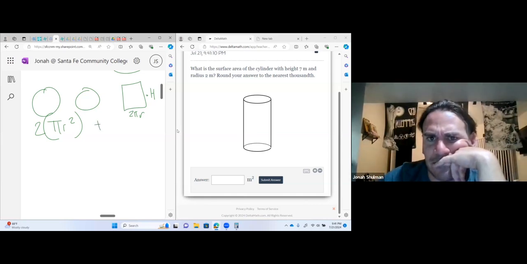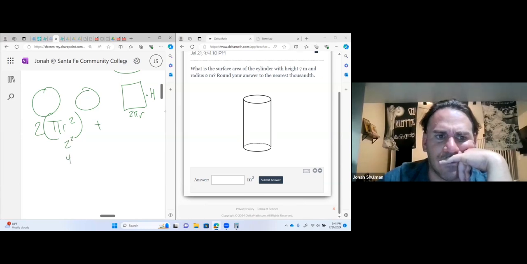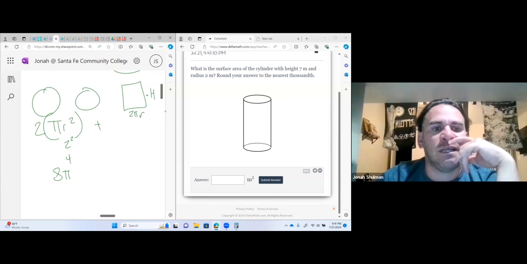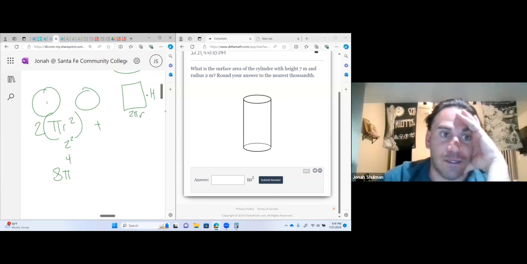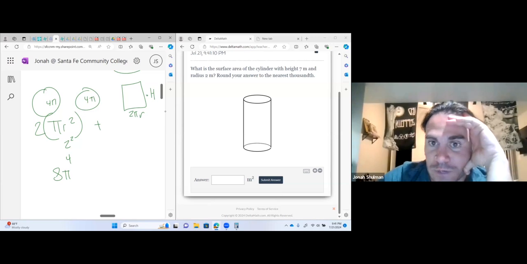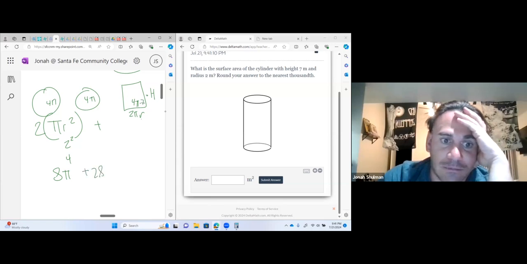The radius is 2. So 2 squared is 4. 4 times 2 is 8. We have 8 pi's for these two guys, 4 pi each. Then we have 2 pi r, so this is 4 pi times the height, which is 7. So plus 28 pi's.